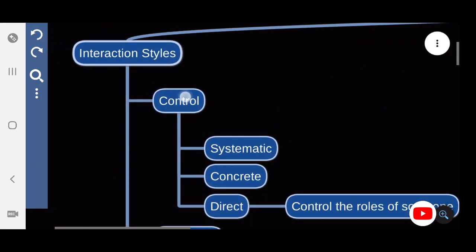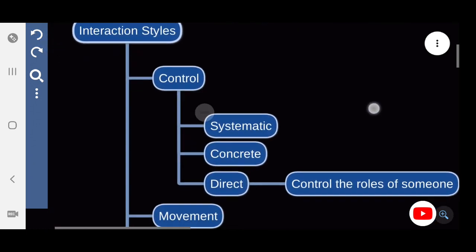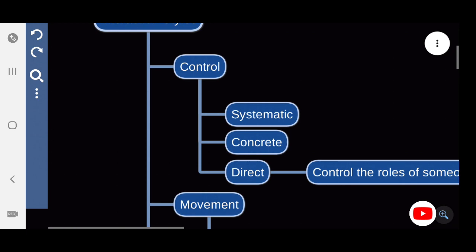For example, over here for controlling type, perhaps when you think about controlling type, you think about the outcomes, the list of certain things we are going to achieve.